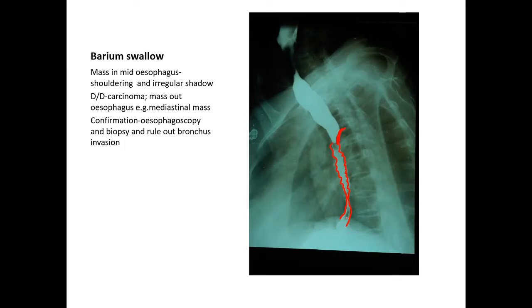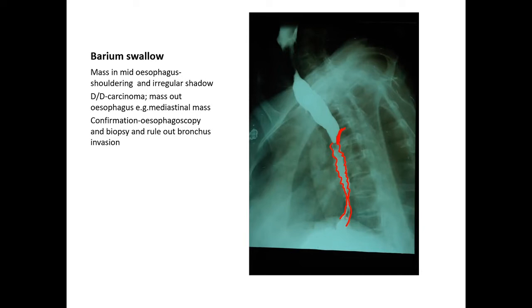Now, you might be asked, what is your confirmatory test for the diagnosis? Is to do upper GI endoscopy and biopsy for histology. It is histology that will give you a definitive diagnosis.